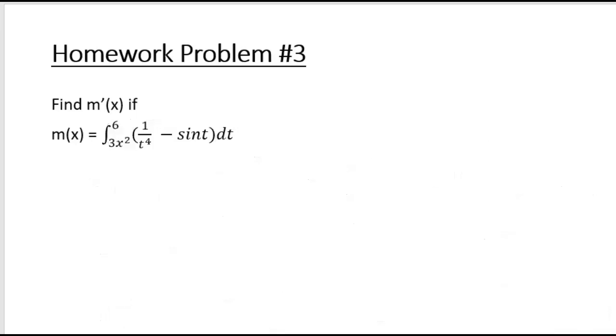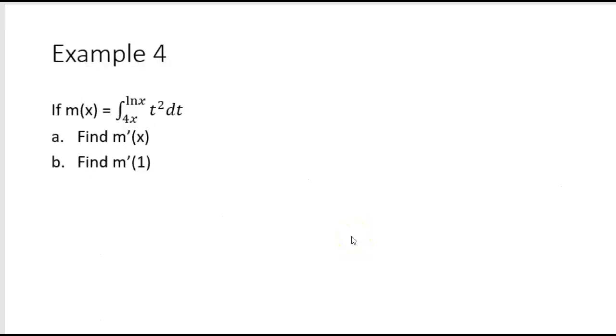Okay, all right. And we'll go ahead and take a look at one more problem before we call it quits for the day. Example problem number 4. And the only difference about number 4 is that afterwards we're going to plug a number in. So I want to show you guys how to do that. Part A is asking me to do what we've been doing, which is to find the derivative.